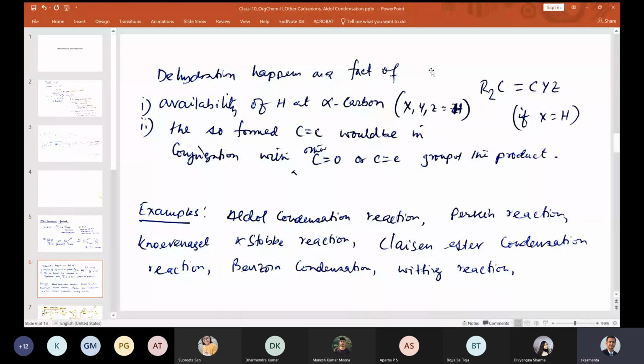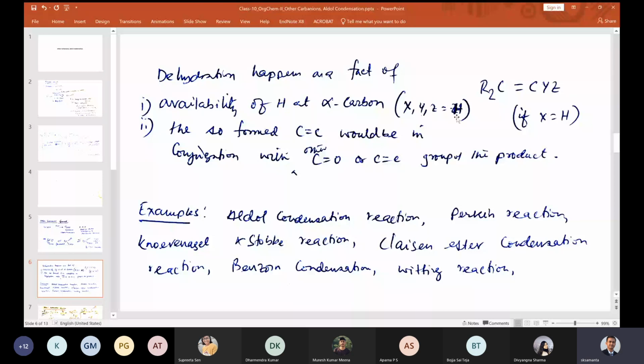The dehydration can happen if a hydrogen is present at the alpha carbon. That I already mentioned: one of XYZ should be hydrogen. Then only you have the possibility of dehydration. Otherwise, it would be a different compound.